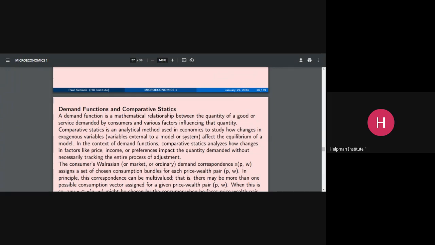On the other hand, comparative statics is when we try to determine how price or wealth affects the equilibrium of our model. So in that context, what you are looking at is comparative statics. It's just an analysis of the equilibrium points of a certain commodity. All right.